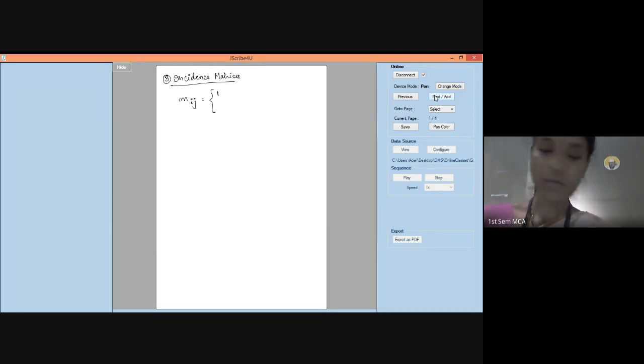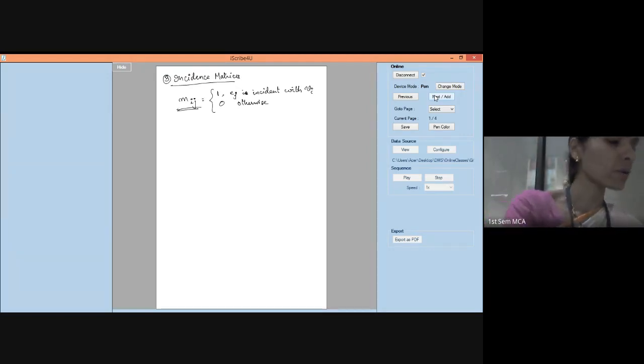That will be equal to 1 when you have an edge Ej incident with Vi, and 0 otherwise. Let's see an example so that it will be very clear to you.